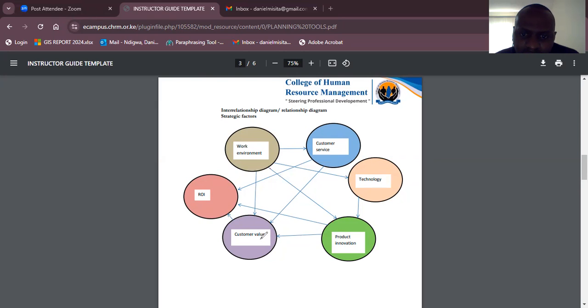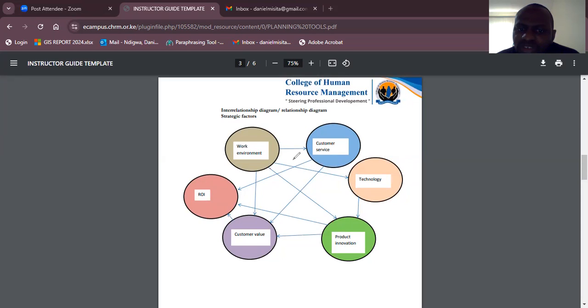Customer value can also be related to the return on investment, and customer service can also bring return on investment. Technology is also very important in product innovation and customer value.